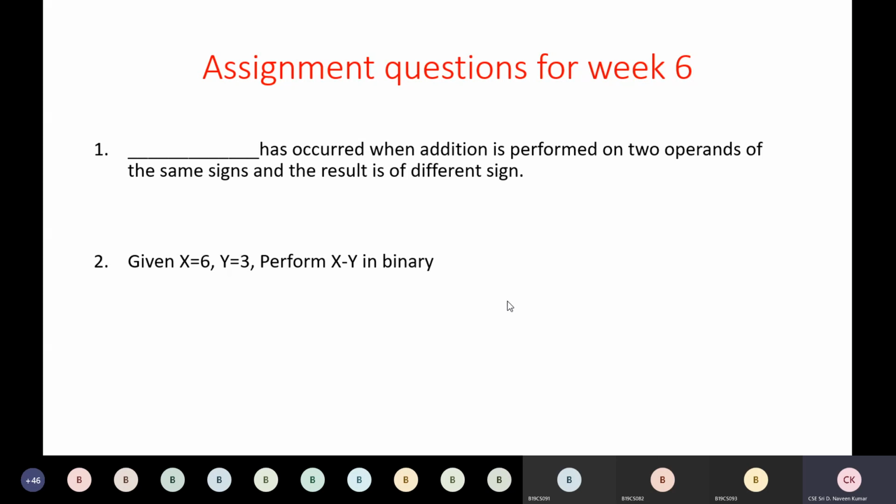I will take the attendance. Absent is 61.